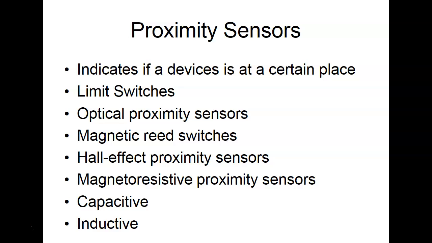Limit switches are technically not proximity sensors, but they have their own name. Limit switches were the first proximity sensors that we actually used in automated control systems. All the other ones we call proximity, and usually when we talk about proximity, we indicate that it's some type of solid state, even though there's one in this list that's not, and that's the magnetic reed that we use all over.